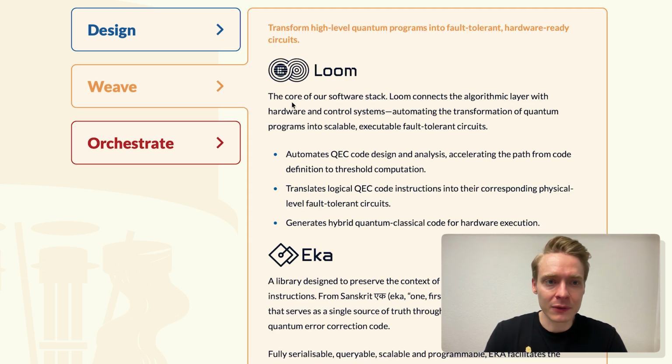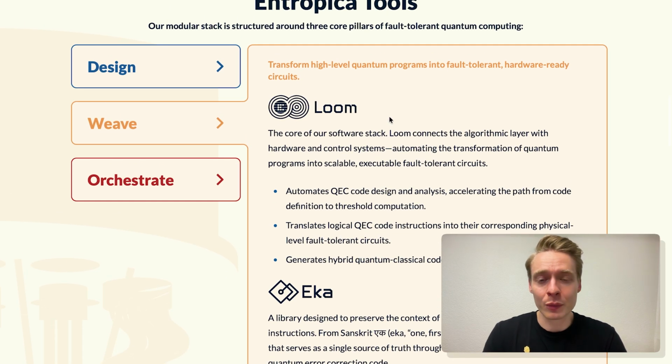After design, there's Weave. Transform high-level quantum programs into fault-tolerant hardware-ready circuits. And there's Loom that we've seen before. So the core of our software stack, Loom connects the algorithmic layer with hardware and control systems, automating the transformation of quantum programs into scalable, executable, fault-tolerant circuits.